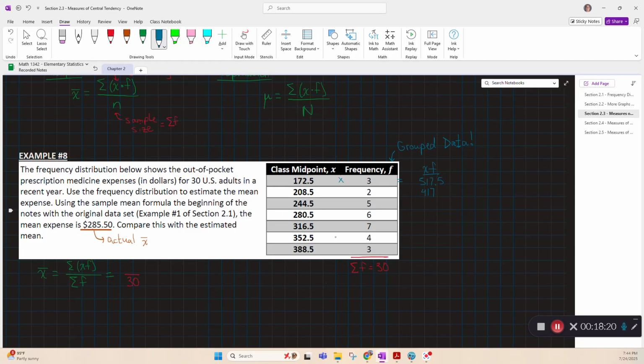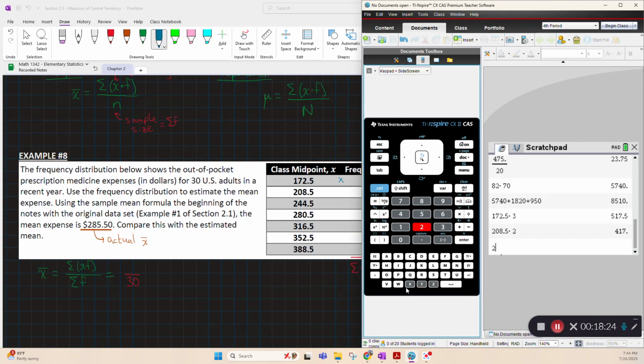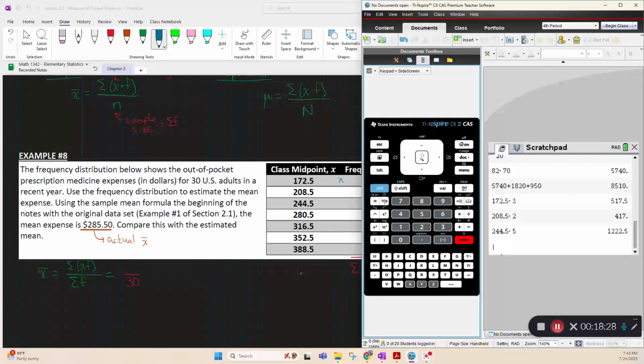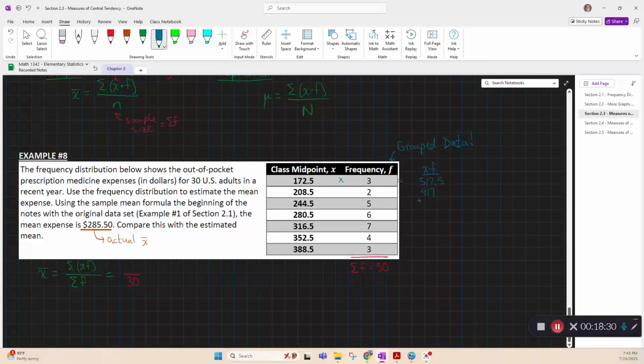Now, 244.5 times 5 is 1222.5. And I just keep going. So this times 2 equals that. That times 5 equals that. And I'll keep going in that nature.